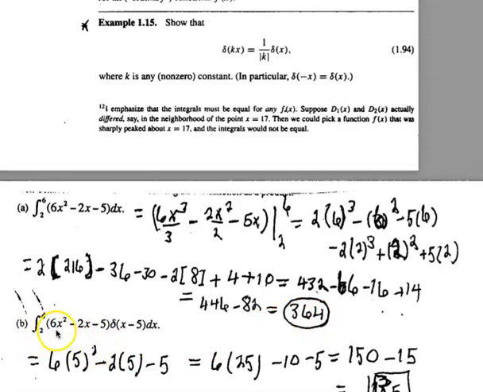Notice then it's the product of the quantity 6x squared minus 2x minus 5 times the delta function written in its standard form. The only question you have to ask yourself now is: is this value within the range of integration? Yes or no?